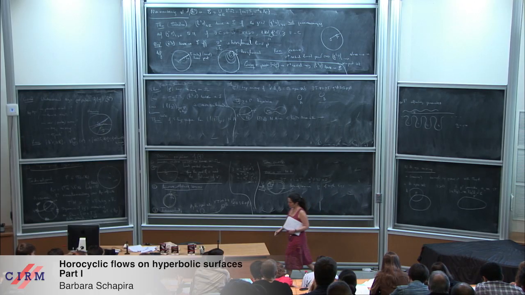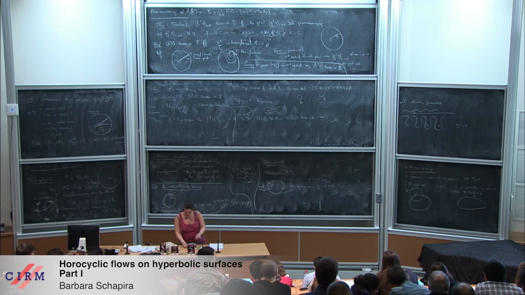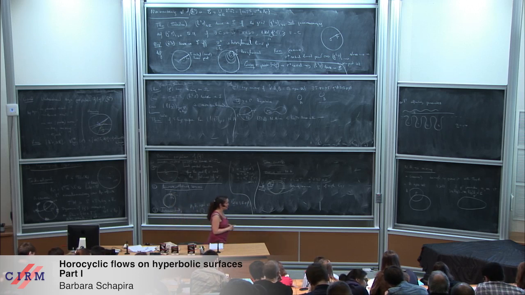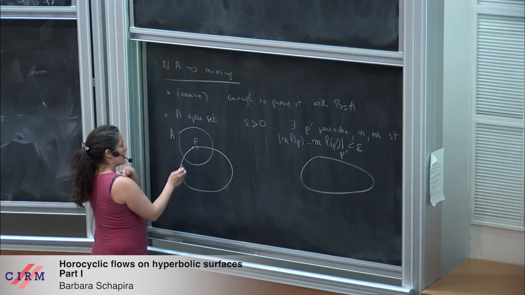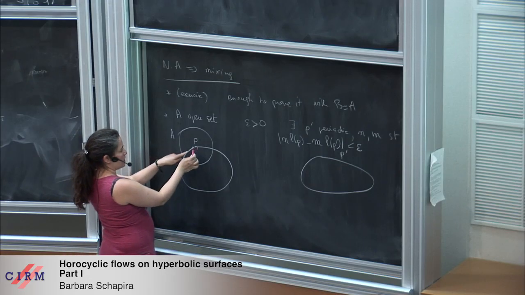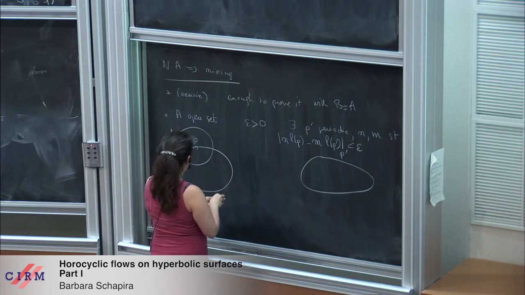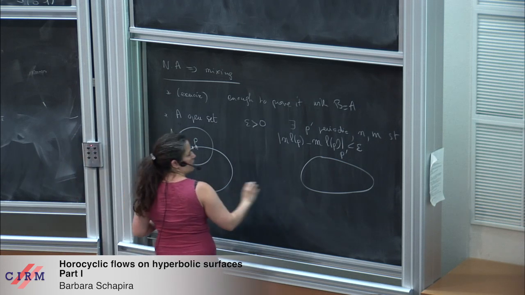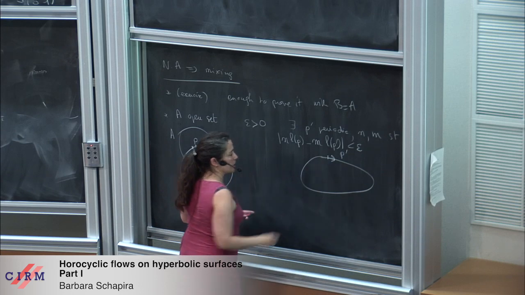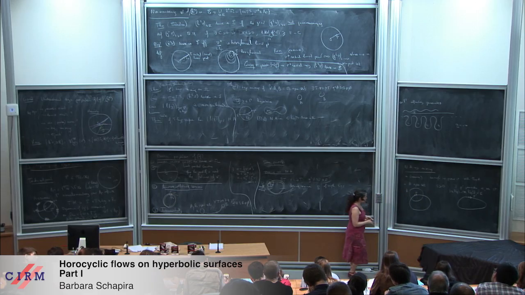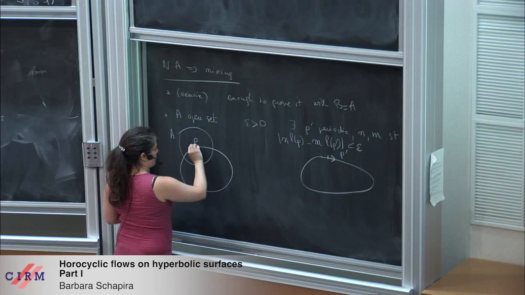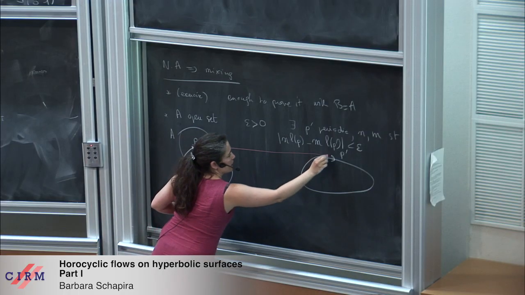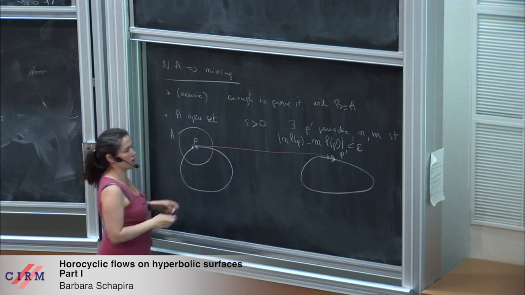And then I will just give a picture, not give the details. You use transitivity in a small neighborhood of p and in a small neighborhood of p prime to find an orbit going from p to p prime. That's transitivity.